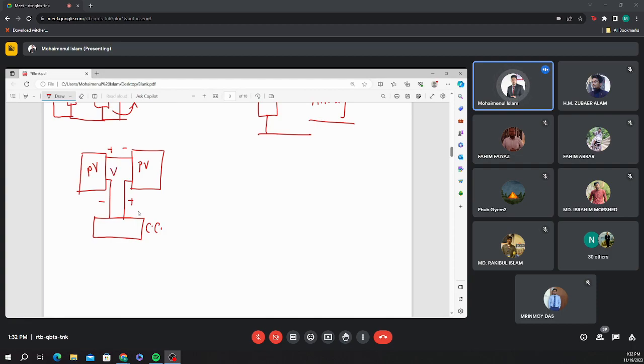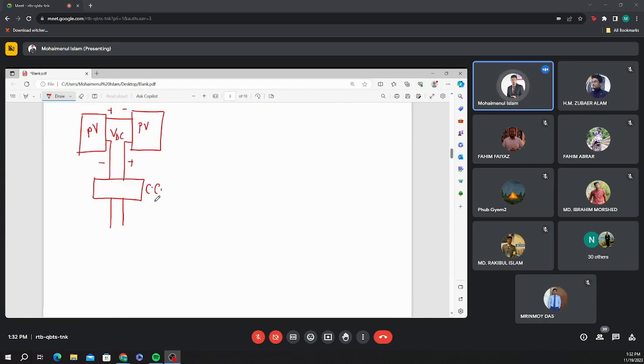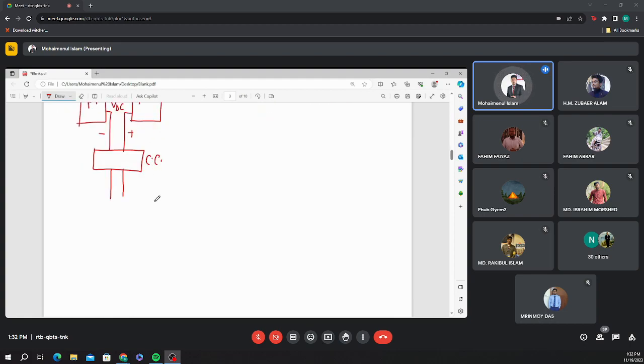So you are getting DC from that PV, and after the charge controller, you are getting, suppose, DC voltage. So you can use that DC voltage to store the energy. Okay, so you can use one particular battery here.